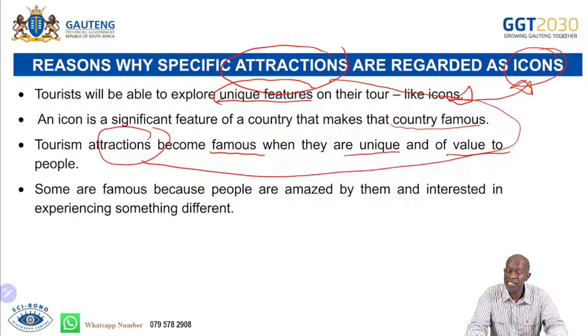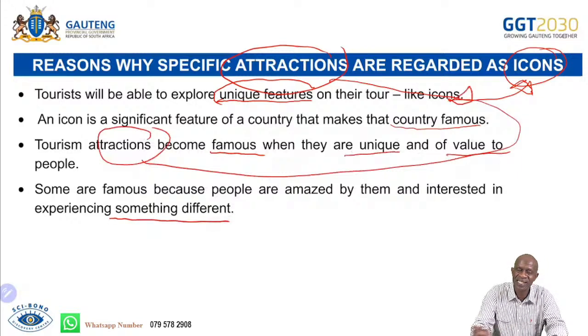Some are famous because people are amazed by them and interested in experiencing something different. I think we spoke much about something different, and this something that is different, which tourists want to explore, makes an attraction an icon.